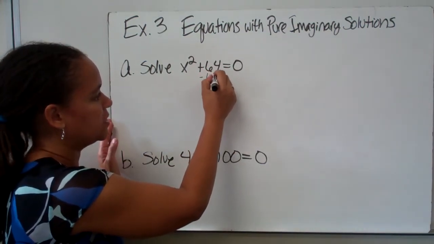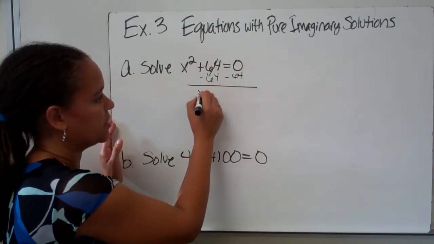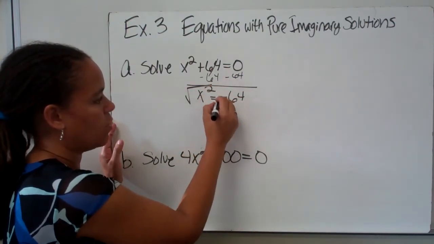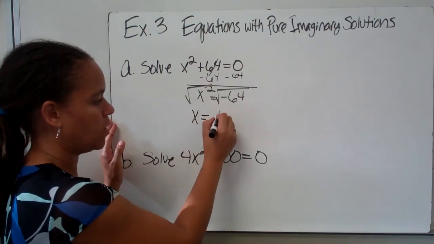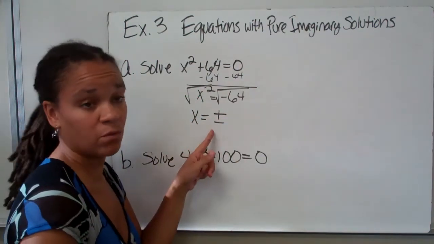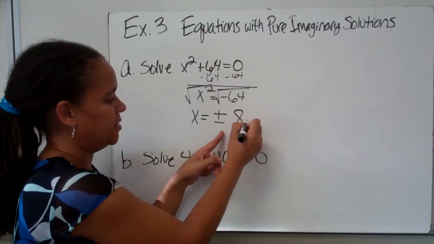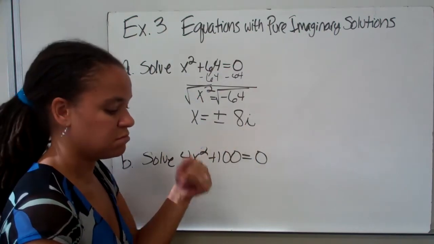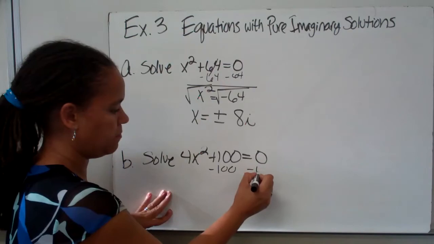So if I subtract 64 from both sides, I would have x squared is equal to negative 64. And if I take the square root of both sides, I have x is equal to plus or minus, remember that from when we solve square roots, plus or minus 8i. Don't forget the i, square root of 64 is 8. Simple as that.